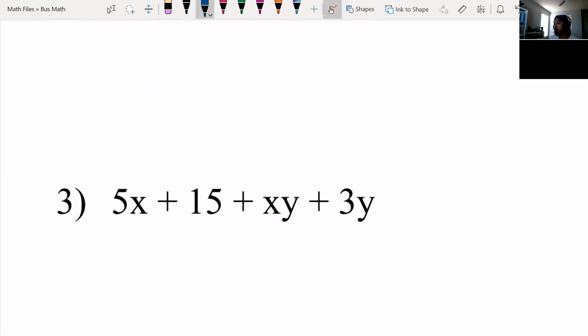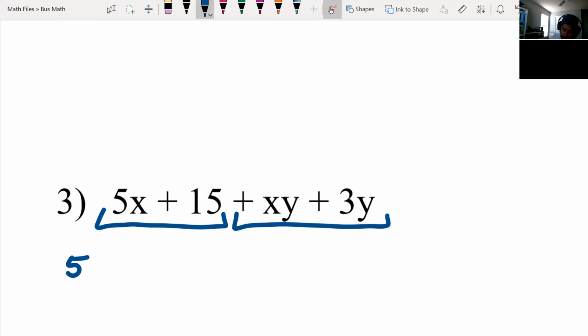5x plus 15 plus xy plus 3y. 4-term polynomial, so automatically let's just group them. Group those two, group the last two, including the sign. And from 5x plus 15, what's my greatest common factor there? 5. And factor that out, what are we left with inside the parentheses?